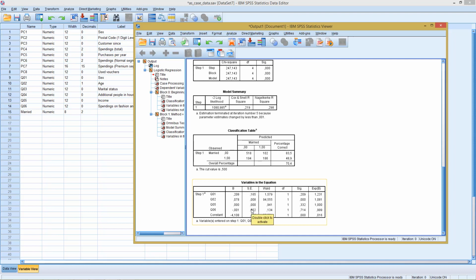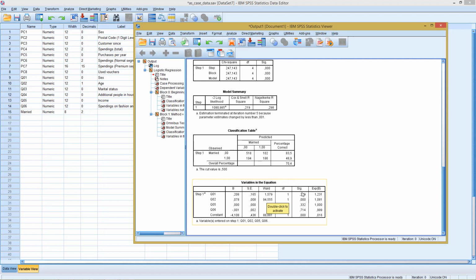In this case we can no longer use a t-test, so we use an approximation of the t-test, and that's the Wald test. The Wald statistics are given here, and they work similarly to what we know from linear regression. It's the coefficient divided by the standard error, giving the Wald statistic. This results in a significance level.